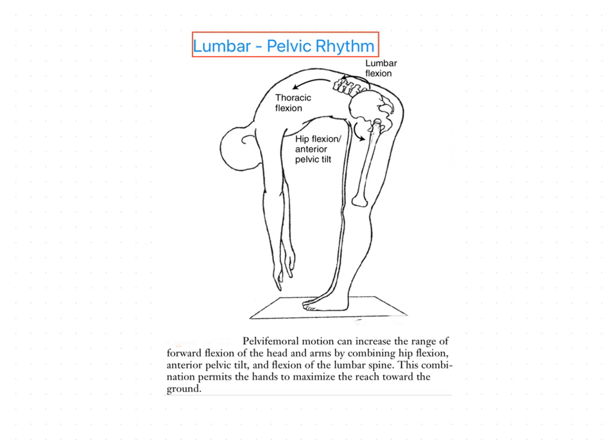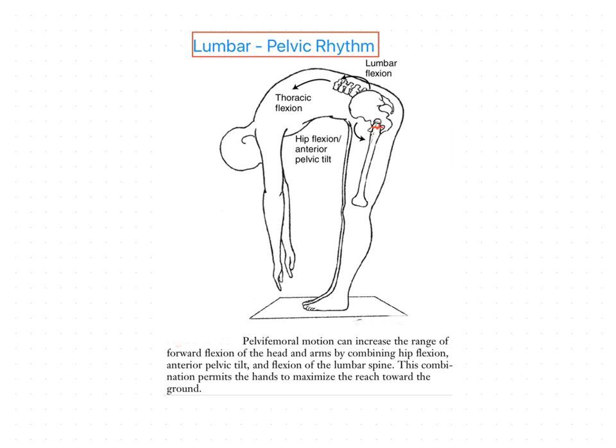For example, reaching the floor through isolated flexion at the hip joints, anteriorly tilting the pelvis on the femurs, is generally insufficient to reach the ground. So flexion of the hip joint and anterior tilting of the pelvis alone is not enough to reach the ground, especially if the knees remain extended.